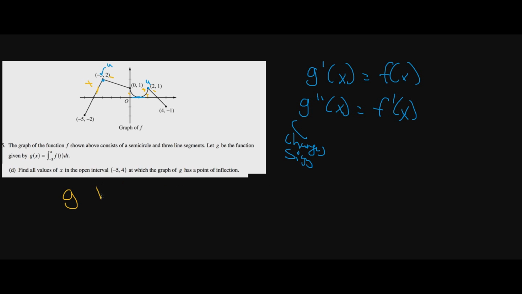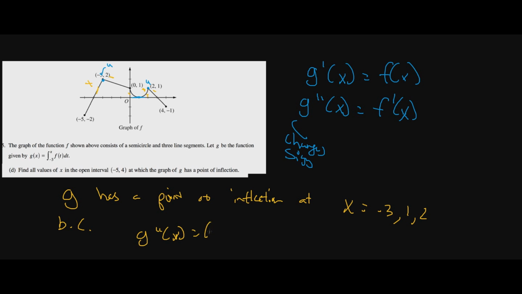Well, g has a point of inflection at x equals negative 3, 1, and 2 because g prime of x equals f prime of x changes signs at these values. Okay. Boom.